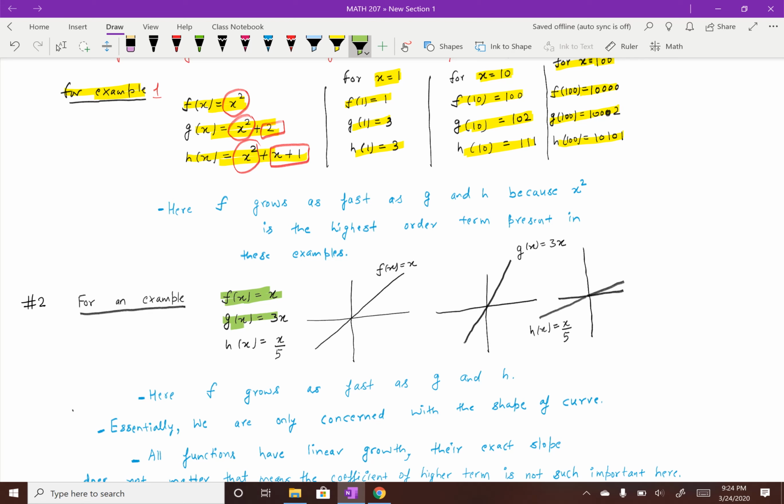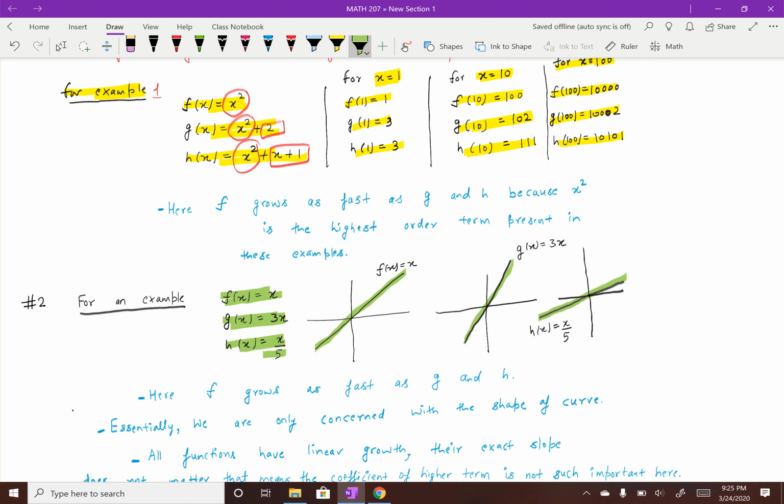If I define my g of x as 3x, the coefficient is 3 here. If I define my h of x as x divided by 5, then the coefficient of the highest order term, which is the linear term here, is 1 by 5. If I plot these three functions, this is the graph with respect to my f of x, this is the graph with respect to my g of x, and this is the graph with respect to my h of x.